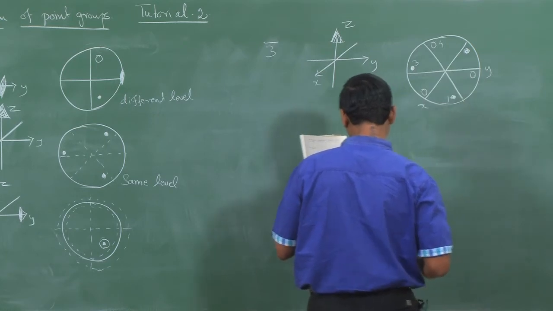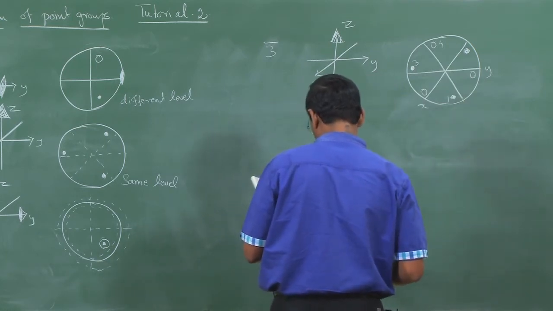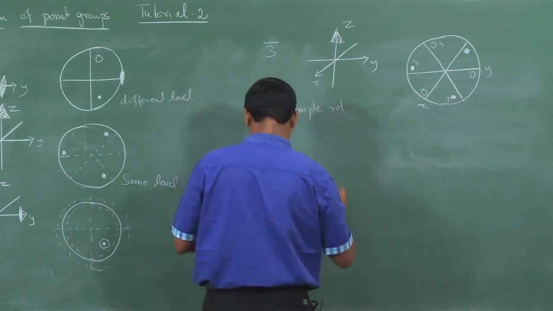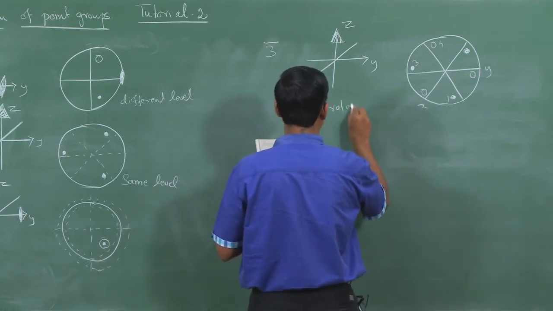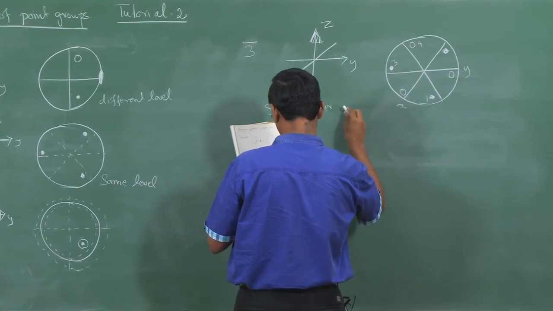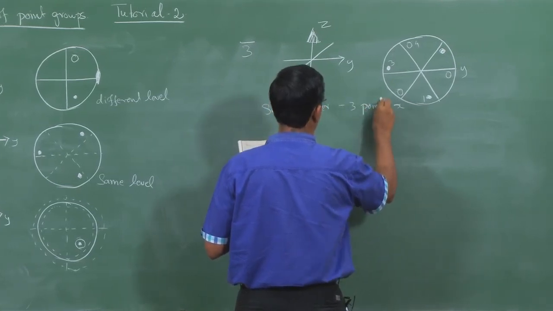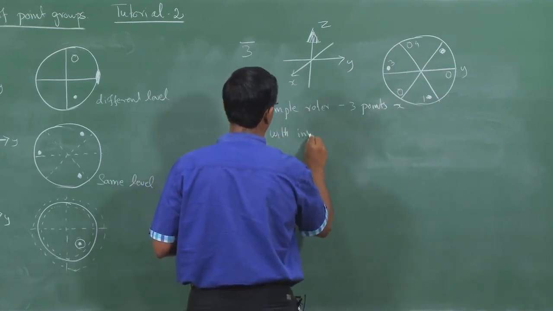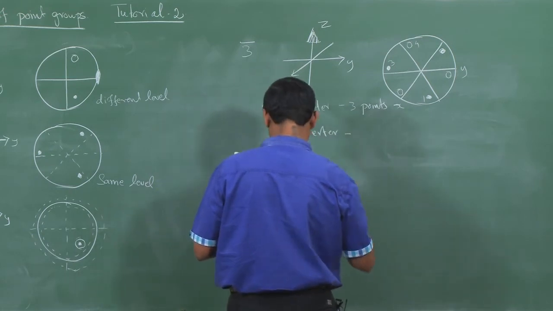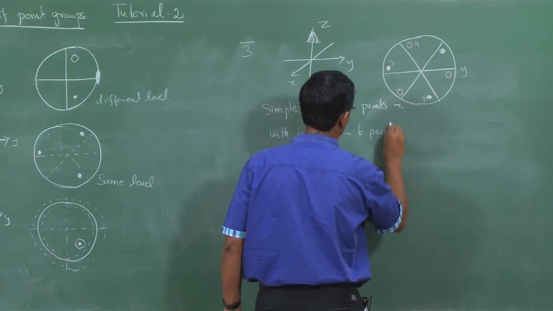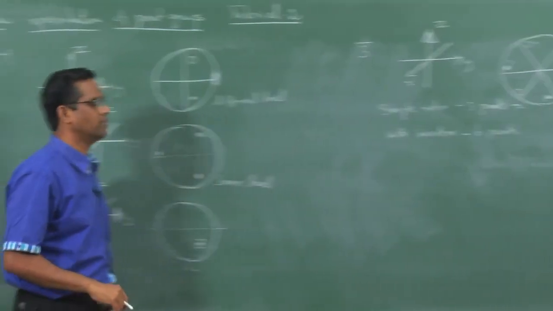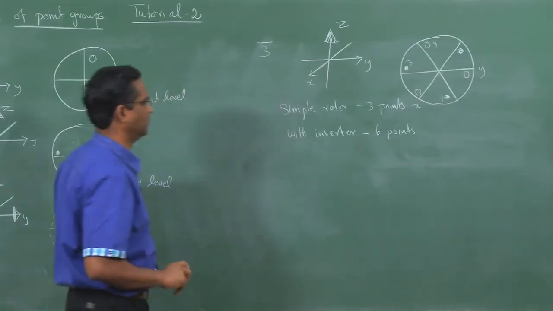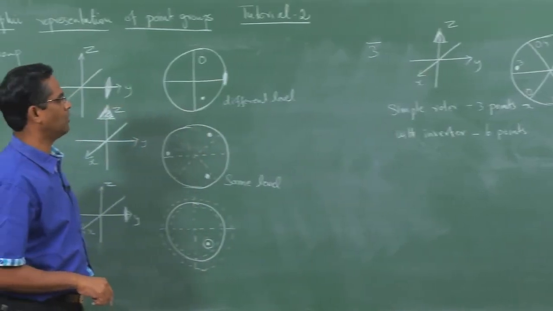It will follow that sequence. A simple rotor will produce 3 equivalent points, but with an inverter it will produce 6 points.